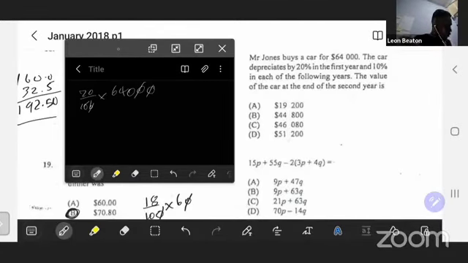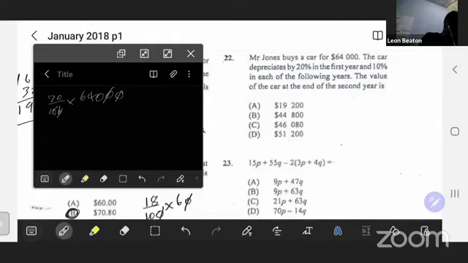When you work that out, 640 times 20, 2 times 0 is 0, 2 times 4 is 8, 2 times 6 is 12. So this is the amount of value that the car will lose, 12,800.